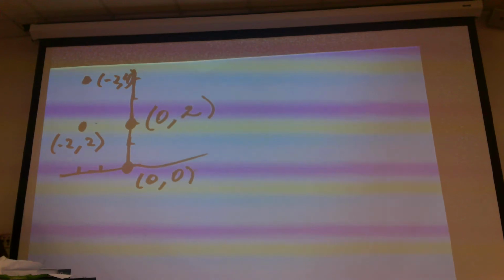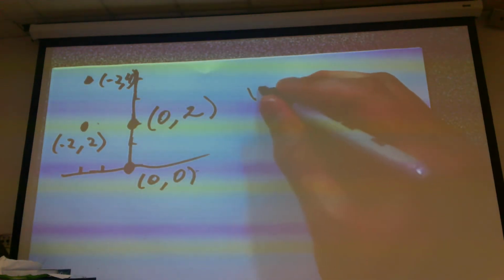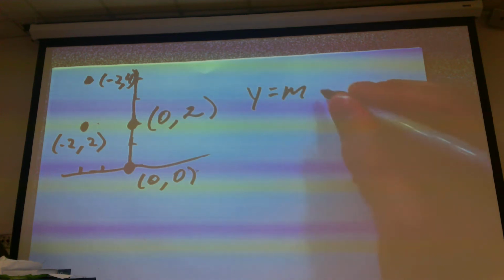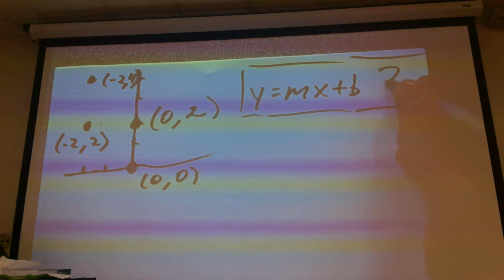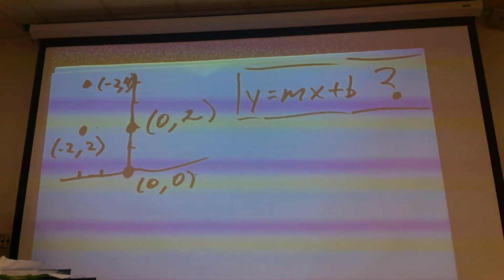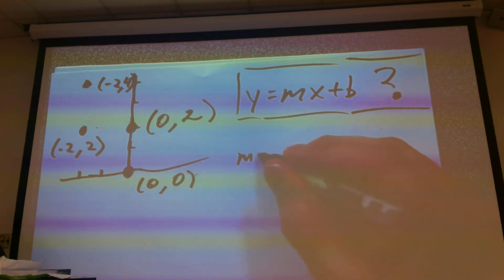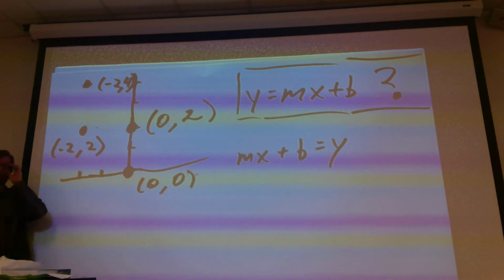What we're looking for is the equation of a line. Okay, so now I'm going to reorder this in a slightly different way. I'm going to write it like this: mx plus b equals y. Okay? So we have a whole bunch of x and y values inside of this problem.